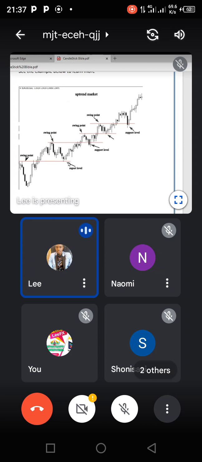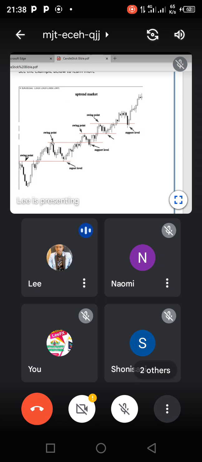Okay, so the market was going up. The moment it reaches this point, this was the resistance, the point where I'm pointing. So the moment it reaches there, you can go in as a sell, so that you go with it.